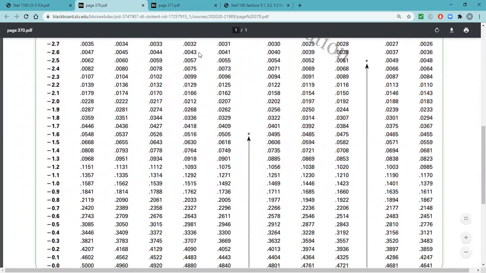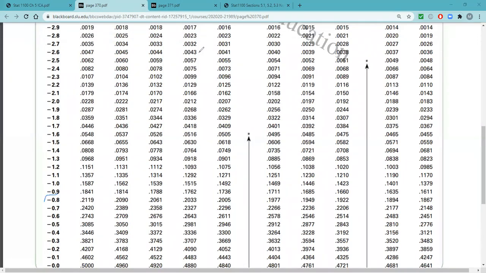So we can see the z-score of negative 0.8, and this first column is always the last digit is 0. The most common mistake here is that people tend to want to just circle that value and write that down. But remember that that is representing, I'm going to go ahead and clear actually. So keep in mind we're using this 0.2119.